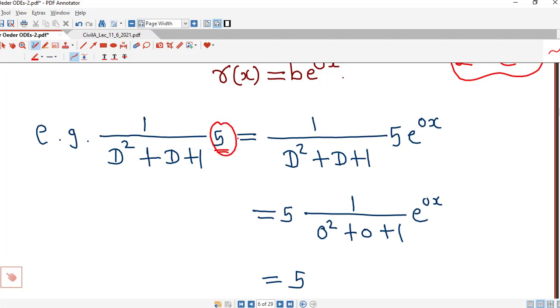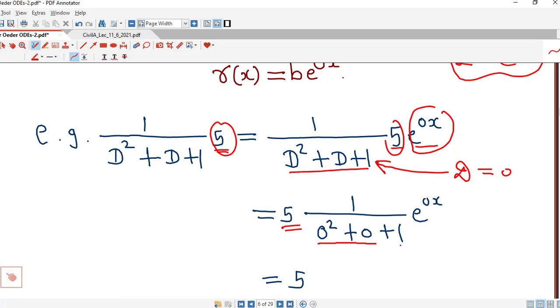So 5 I can rewrite as 5 into e raised to 0x. Now we take this constant 5 outside, and because we have e raised to 0x, we put D equal to 0 in this function of D, and we have 1 here which is non-zero. So we have 5 into 1 over 1, e raised to 0x is again 1, so that is 5.